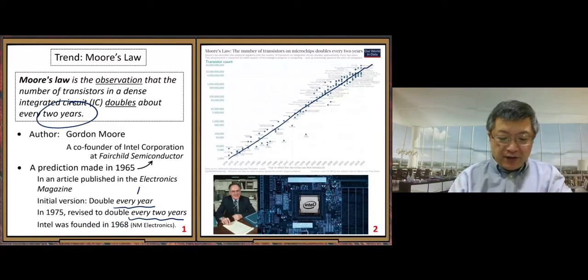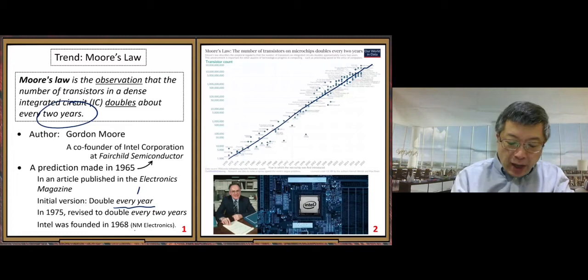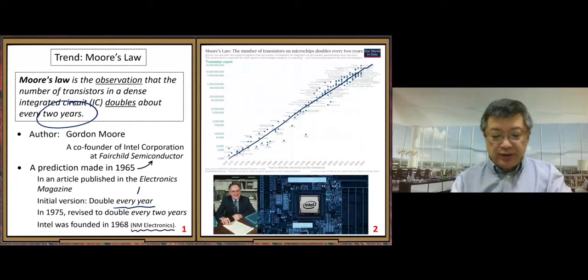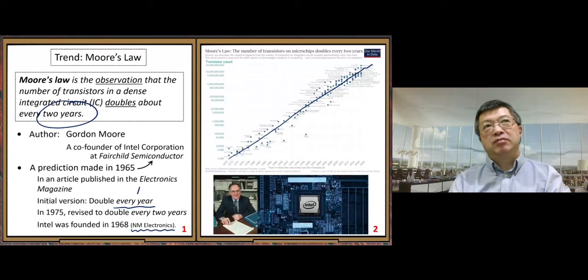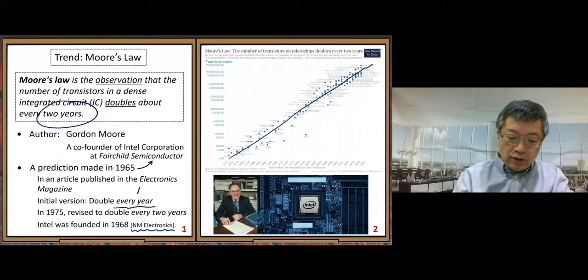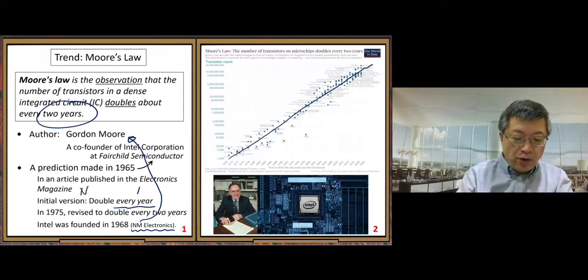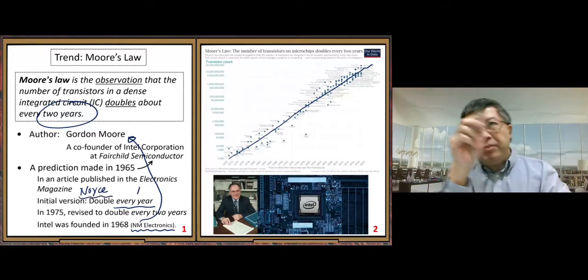And Intel was founded in 1968. At the beginning, Intel was not called Intel. It was called NM Electronics. There were two co-founders: one was Moore, that's the M, and the other co-founder's name was Noyce, the N. So NM Electronics.